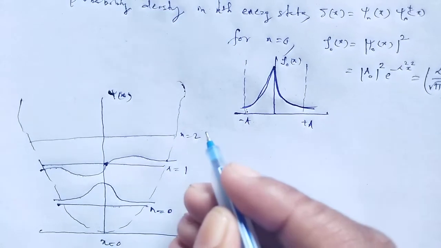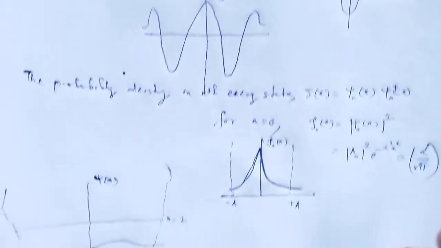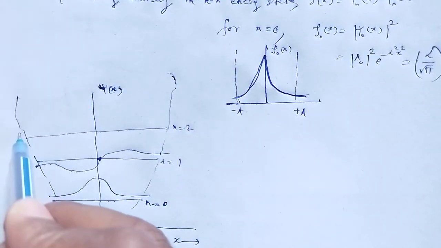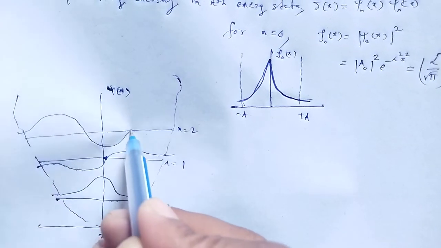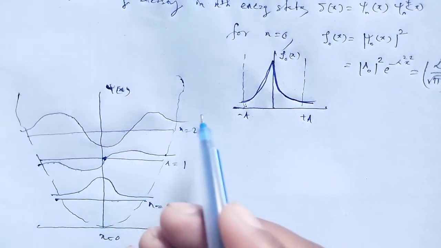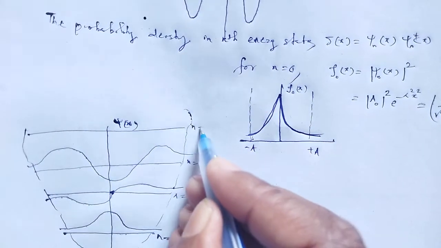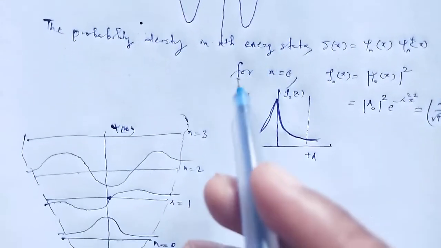For n is equal to 2, this is psi 2. Then for n is equal to 3, this is psi 3.